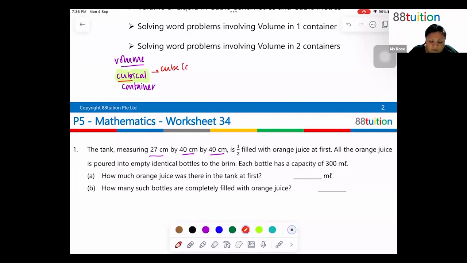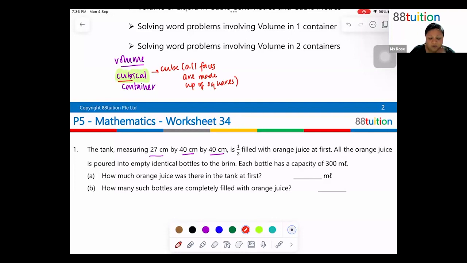That means all faces are made up of squares, or in other words, all sides are the same length.